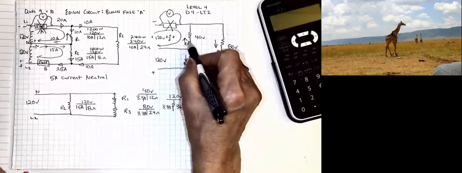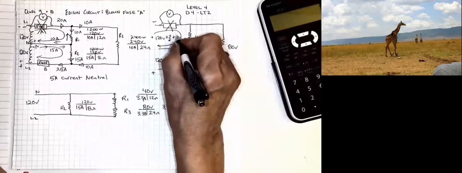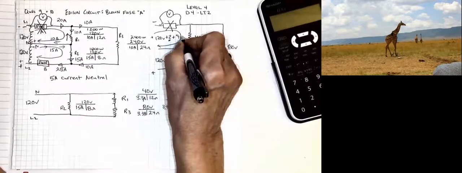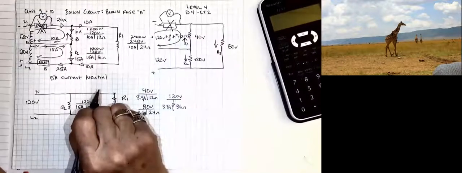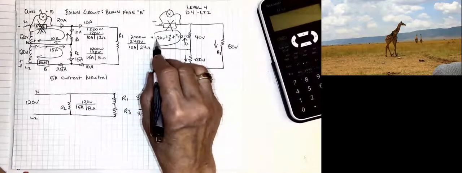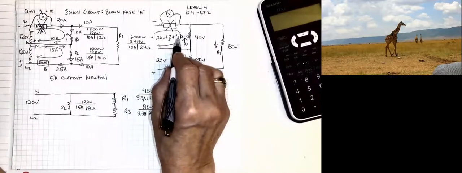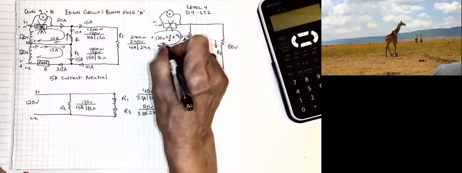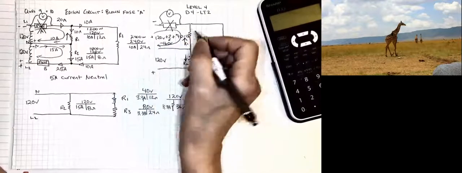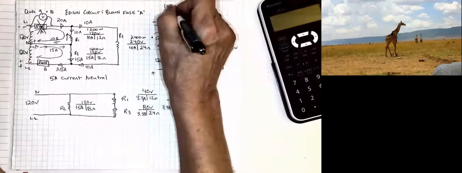And so it's going to be a voltage rise. So I would add plus 40 volts for that. And that whole thing has to equal 0 for Kirchhoff's voltage law. So I had a positive 120 and a positive 40 plus something else. We're going to end up with 160 volts across this voltmeter.